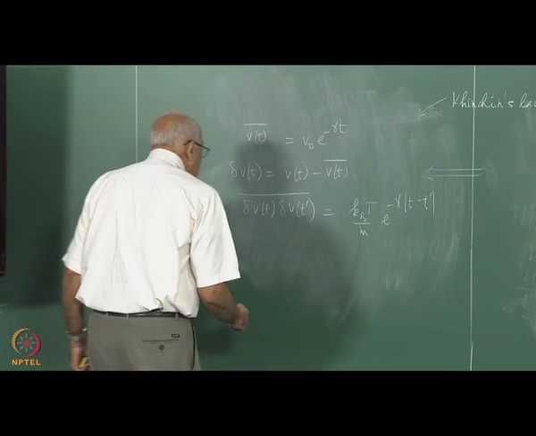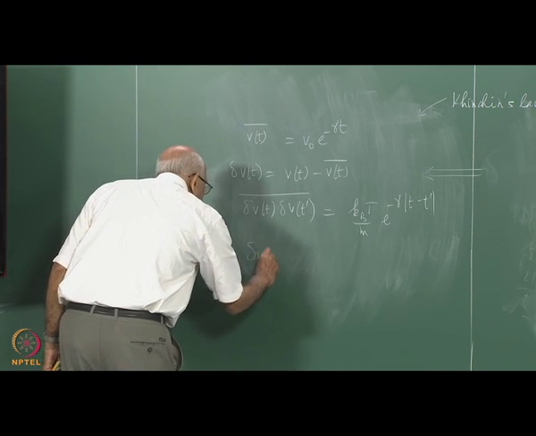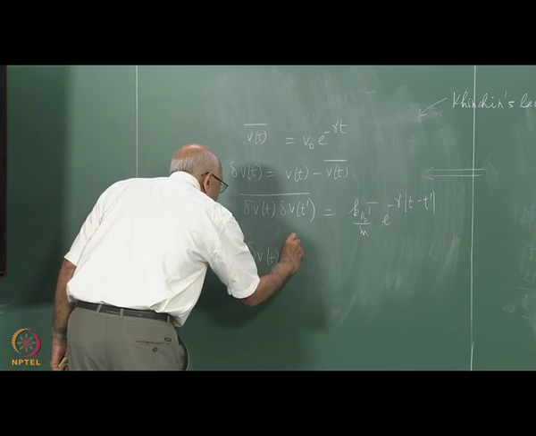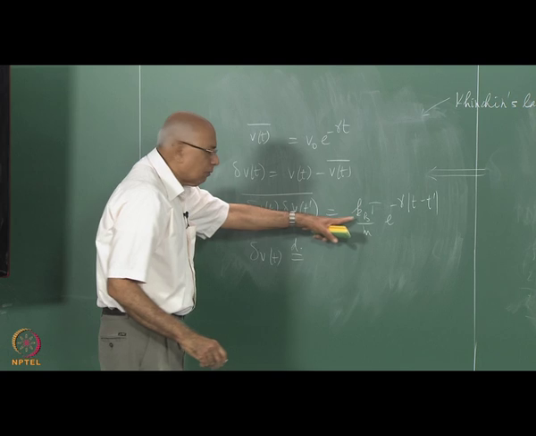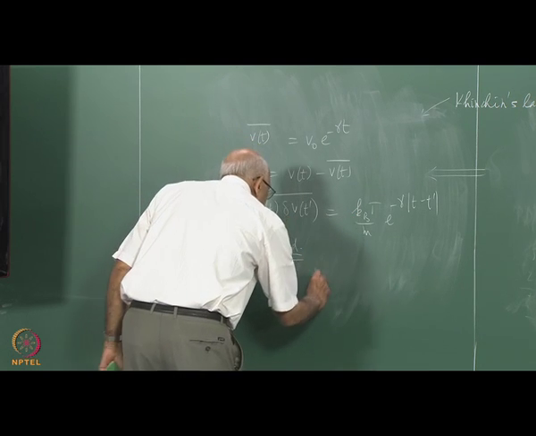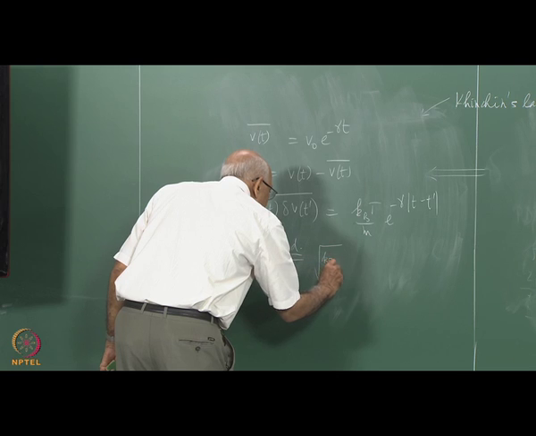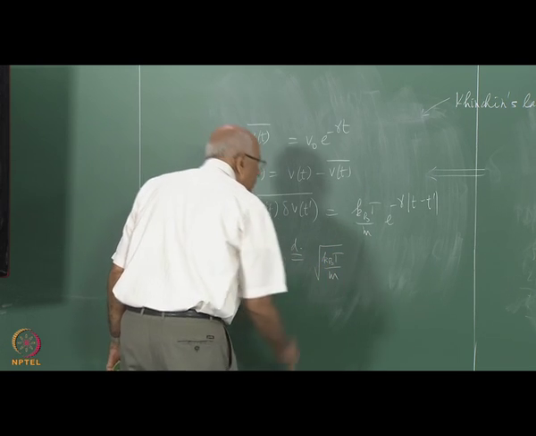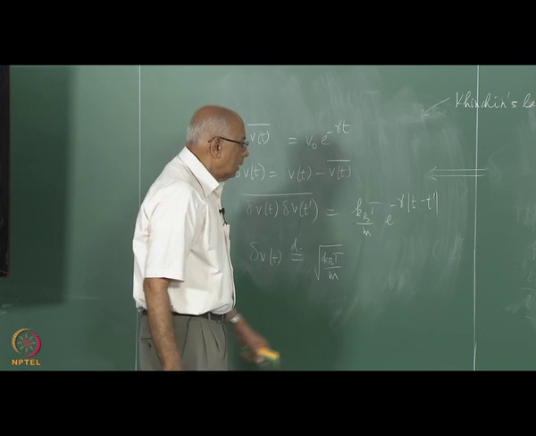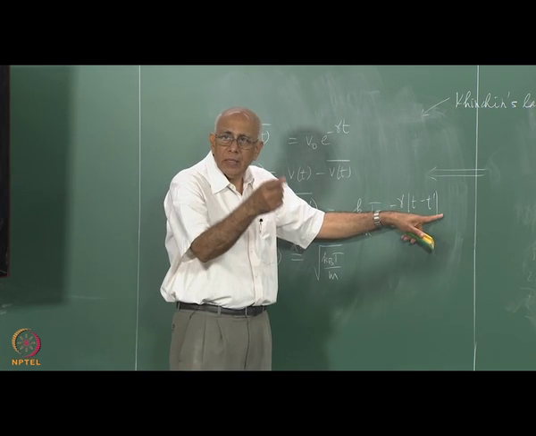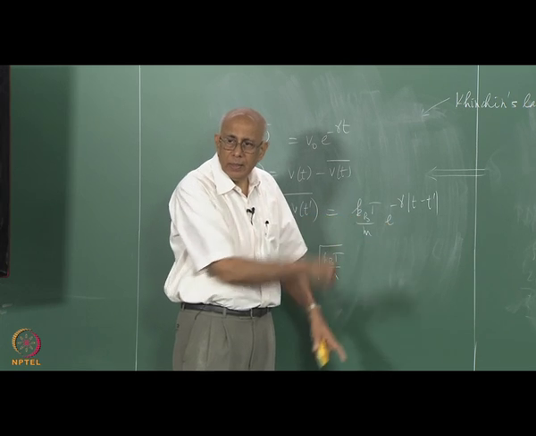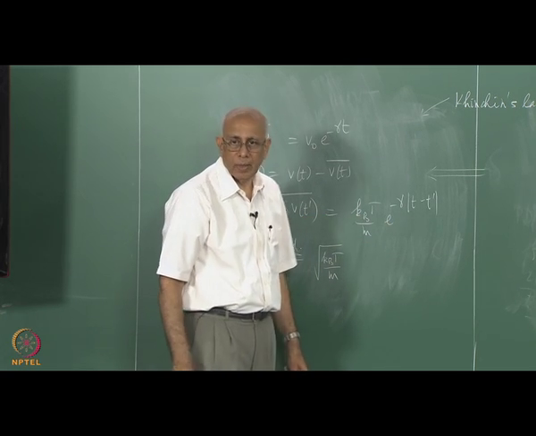Well, the claim is the following: delta v of t is equal in distribution, apart from this constant, so let us get rid of it by writing square root of k B T over m. This guy is t minus t prime if t is greater than t prime, and t prime minus t if t is less than t prime, right.